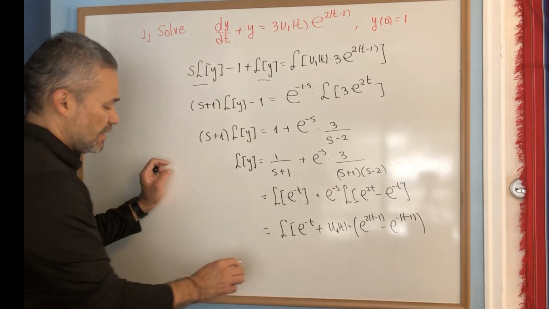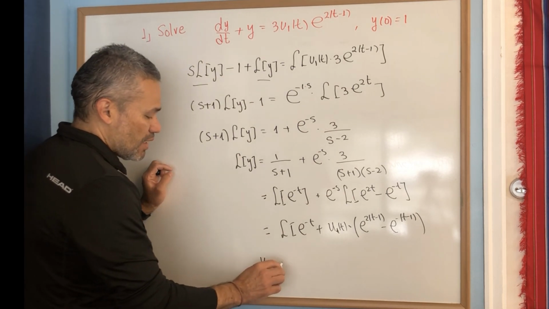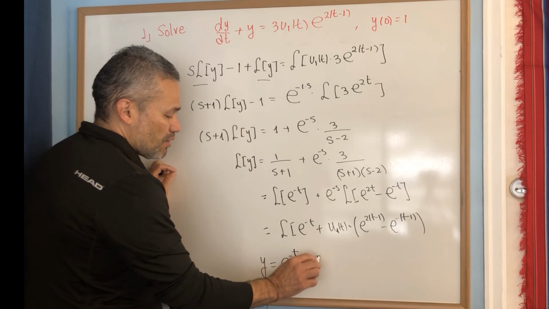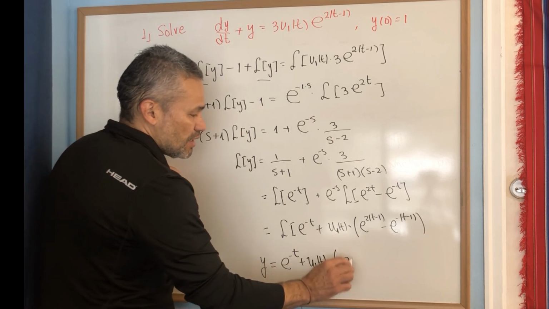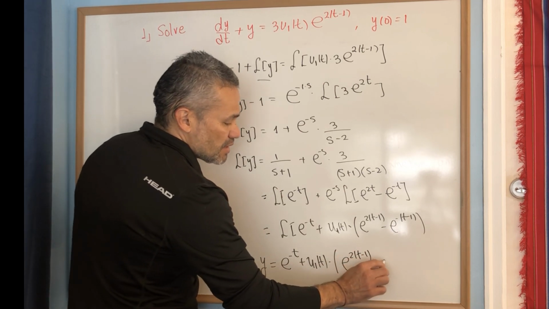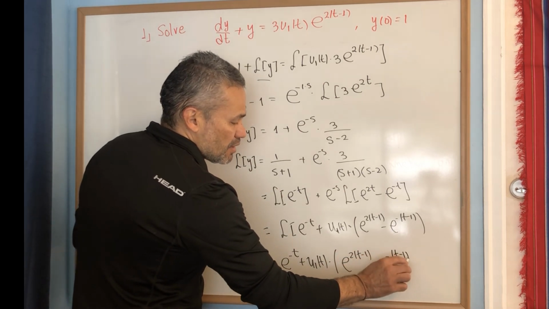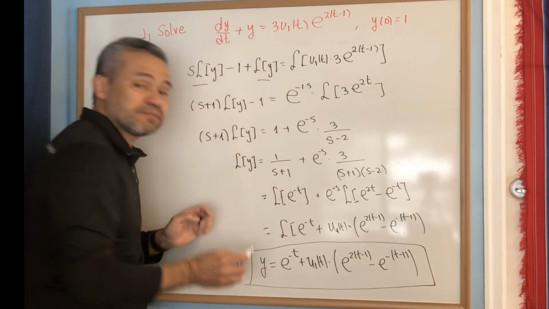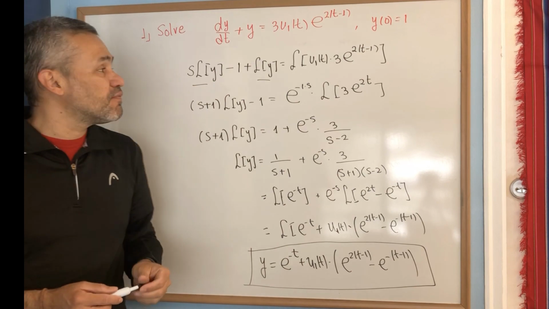That means that the answer is y equals e to the negative t plus u1 of t times e to the 2 times t minus 1 minus e to the negative t minus 1. This is the answer. Okay, this is it for this video.